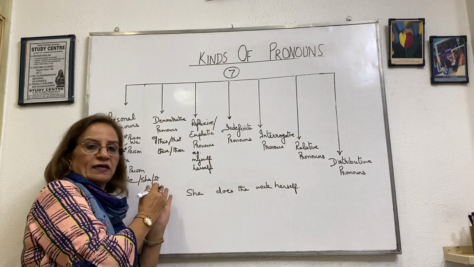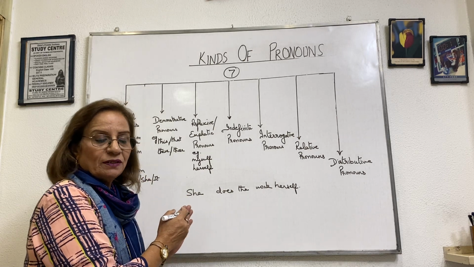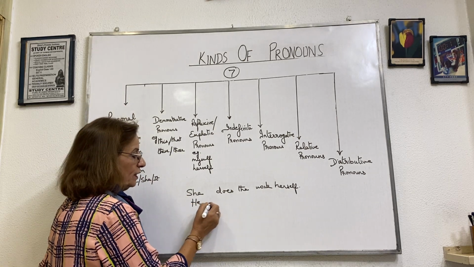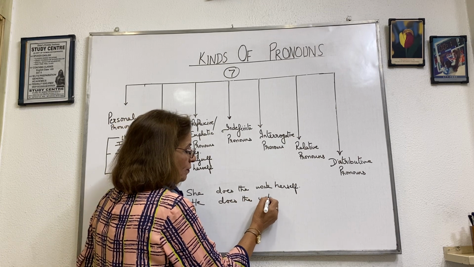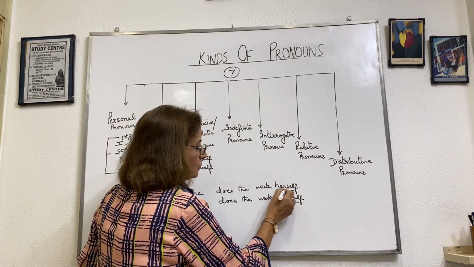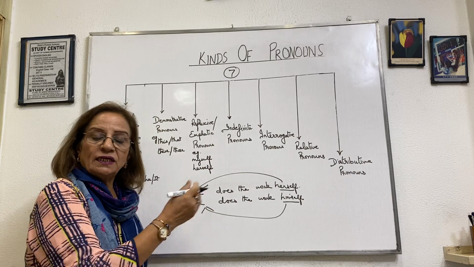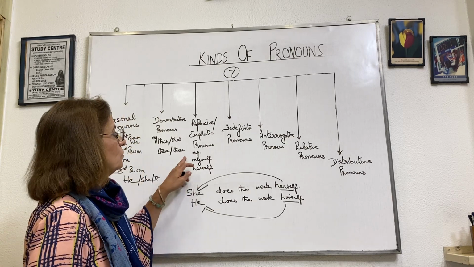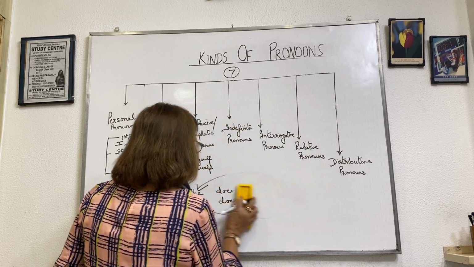Revert means go back, turn back to the subject. If I use he does the work, then it will become himself. So it is reverting back, going back, turning back to the subject. So we are using emphatic pronouns: himself, myself, herself.